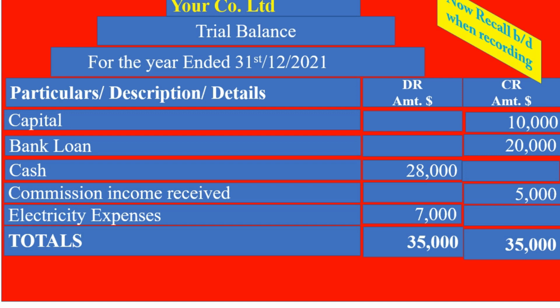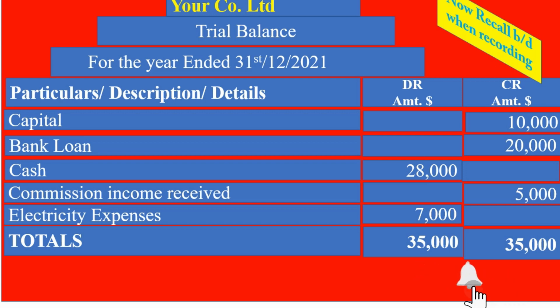So with that summary, the trial balance will be the tool to be used to poke out information that is necessary to prepare the trading profit and loss account so that we can establish whether there was any profit made or the firm suffered a loss.